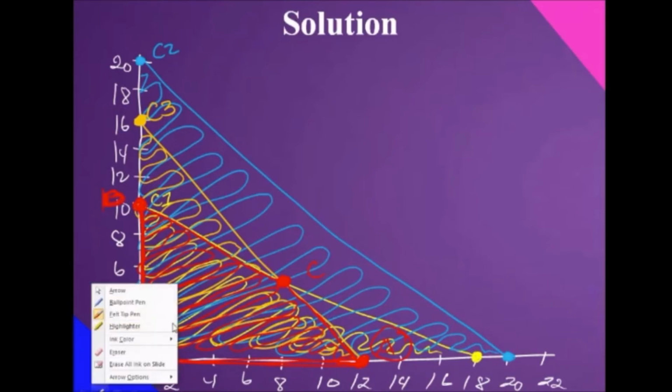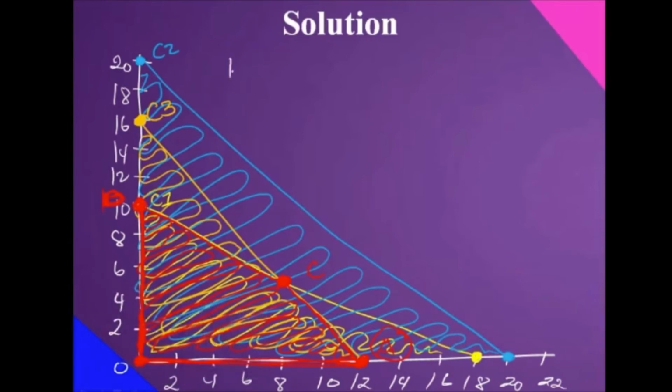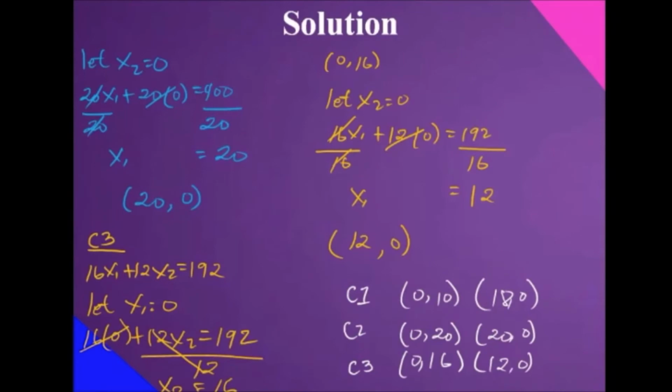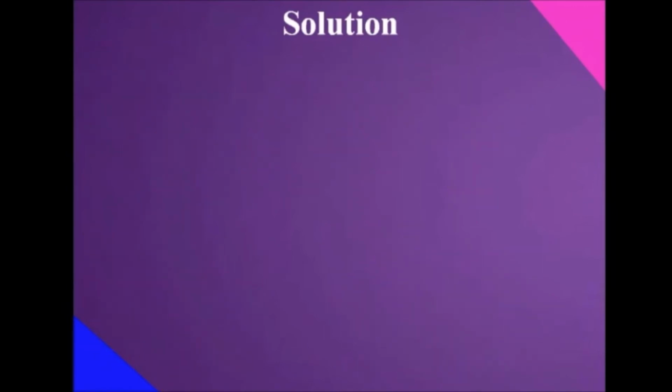Point A, kung titignan nyo, ang coordinate pair niya is 12 and 0. Substitute po natin yan sa ating objective function. Kung nakakalimutan ang objective function, ito po siya: max C = 6x sub 1 plus 4x sub 2.